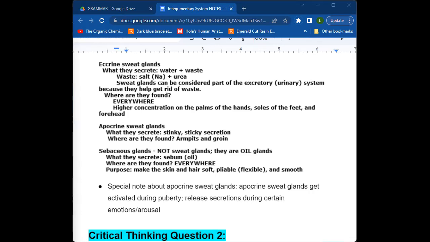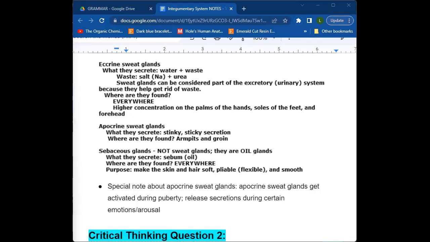And yes, they're mostly water, but they also secrete waste in the form of salt and urea. We need to know that the eccrine sweat glands are found everywhere, all over the body.